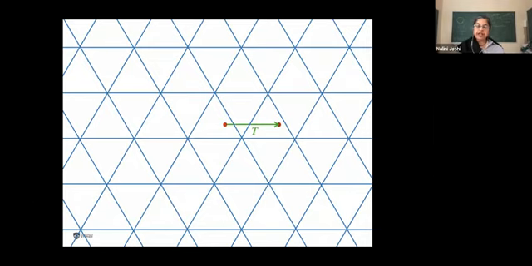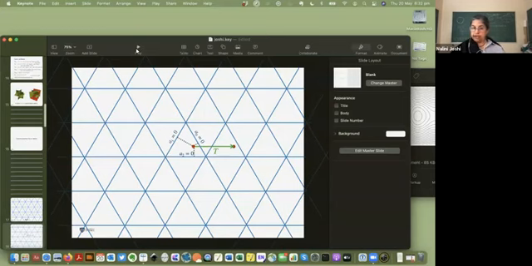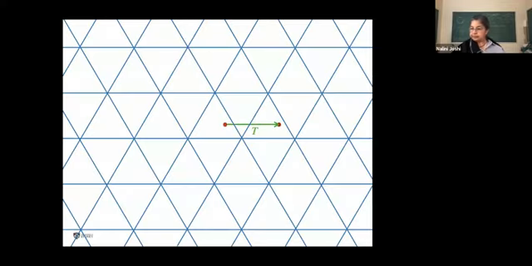So the way I'm going to do that is to assign a coordinate by saying that coordinate is 0 on this edge, another coordinate is 0 on another edge, and a third coordinate is 0 on the horizontal edge. And if I do that, then what I have is a way to describe a point inside the triangle by taking the orthogonal projection of that point to the corresponding edge.